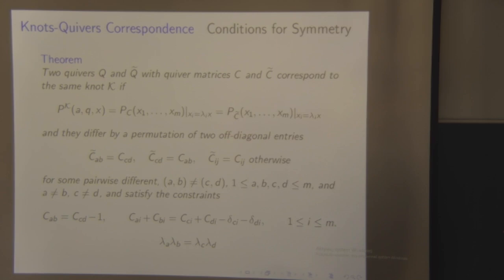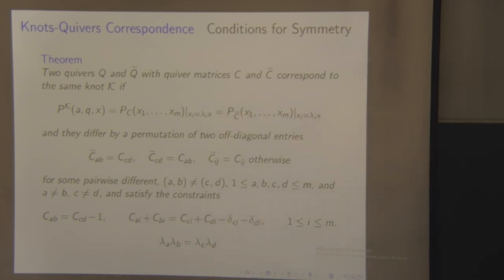It can be precisely made into a theorem, which we prove, where it says that if you have two quivers, Q and Q tilde, and they both give exactly the same HOMFLY-PT generating series, then one way it could be is that these two are related by a simple transposition if they satisfy these constraints.